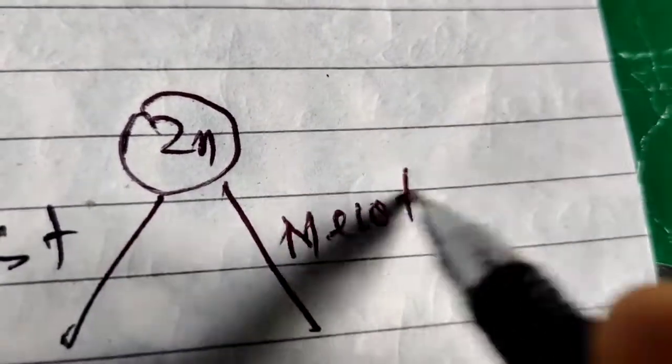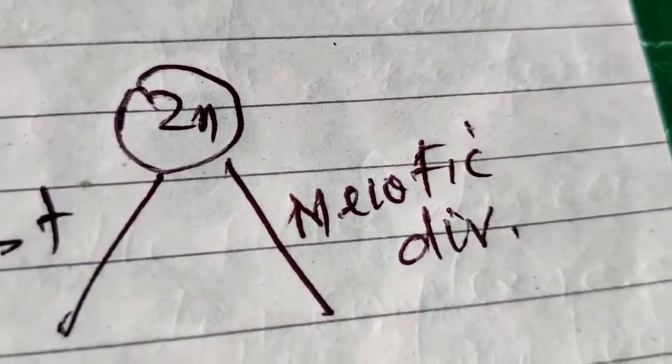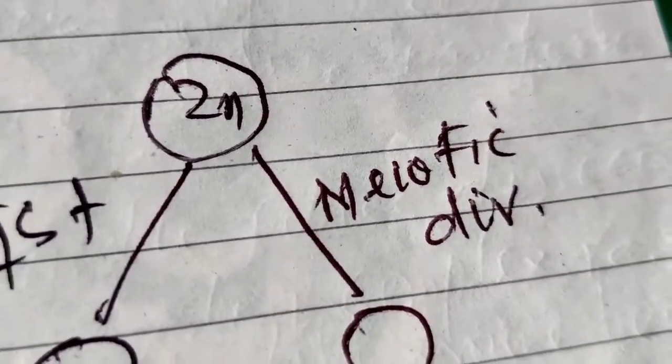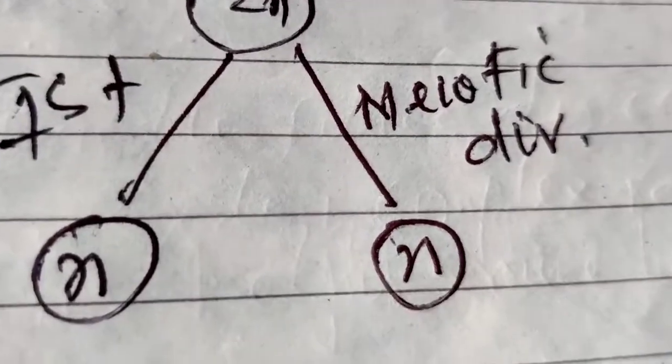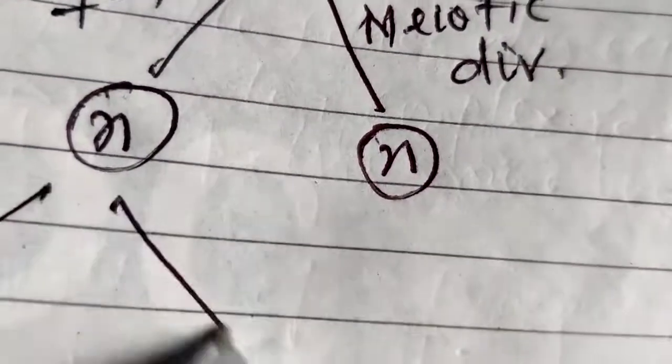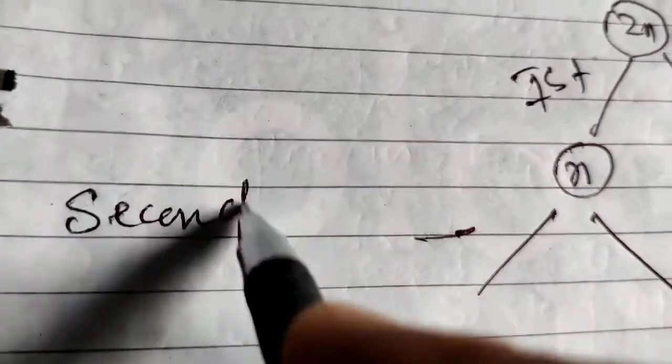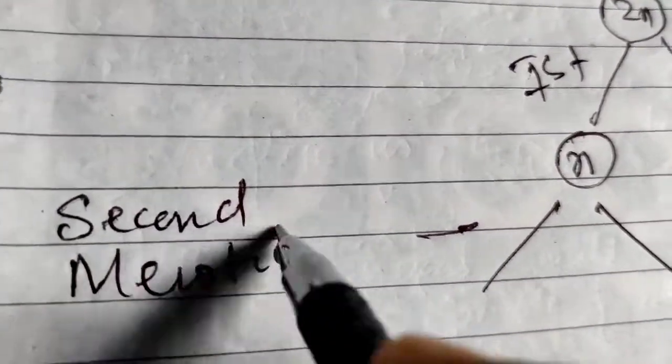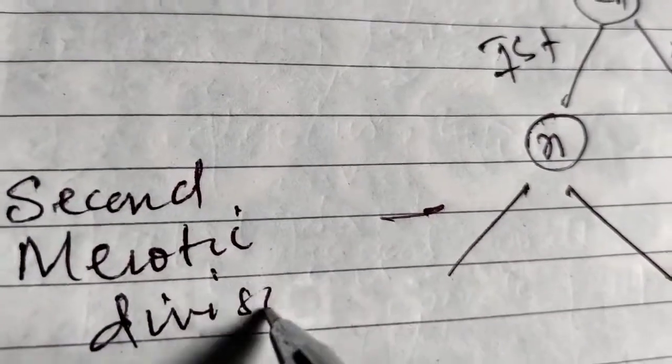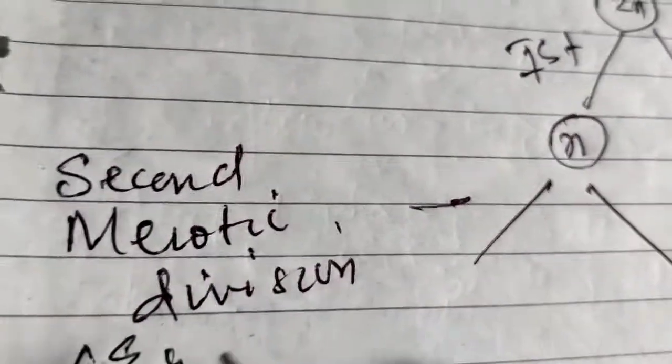So in meiosis, first a 2n cell undergoes first meiotic division and forms 2 daughter cells which have half the number of chromosomes, and these 2 cells undergo second meiotic division, which is actually equational division.